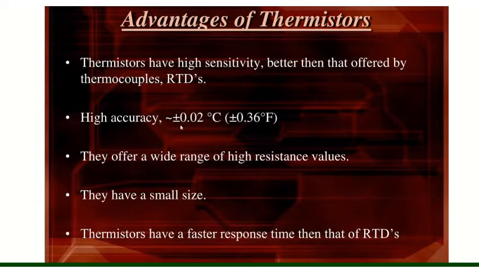As you can see, it is plus or minus 0.02 per degree centigrade. They offer a high range of resistance, and they come in a small size, so they are suitable for most applications. And obviously thermistors have a fast response time compared to RTDs.